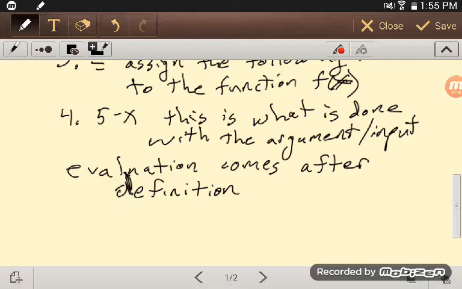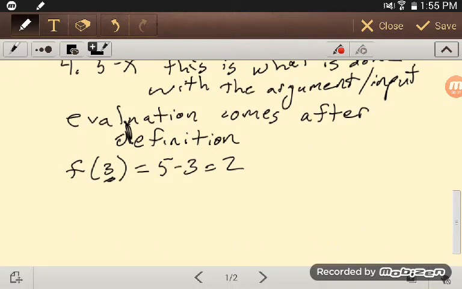Evaluation would be something like f of 3. Well, f of 3 is an evaluation because I want to know what happens to that argument when I put it in here, and I'll get a 2 as my output. Further, I could have f of a. Even though this looks like a definition, really it's an evaluation because I've already defined the rule.